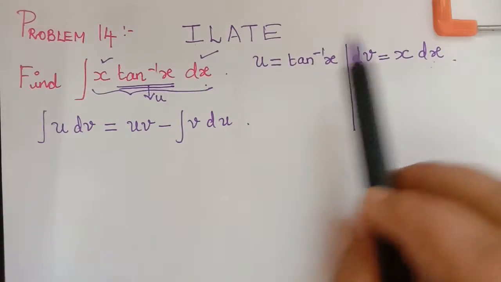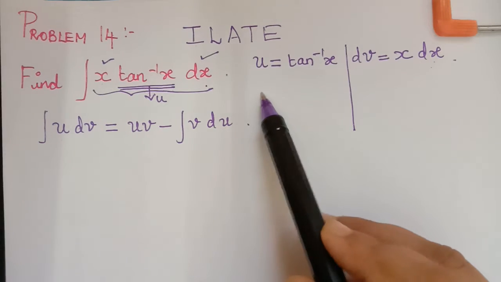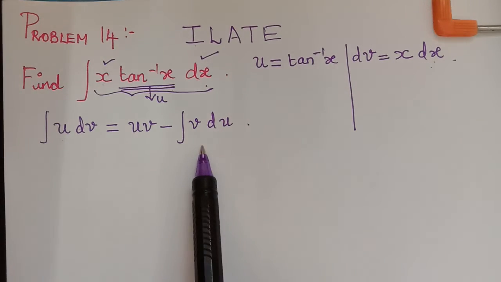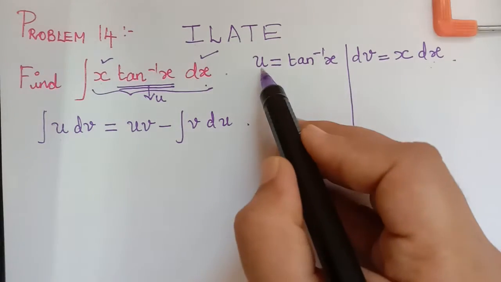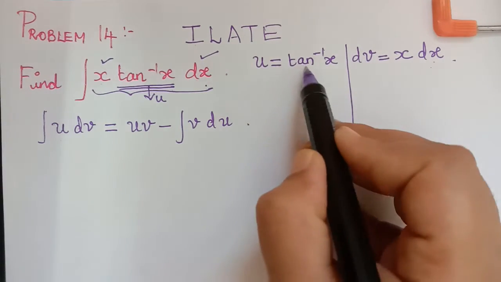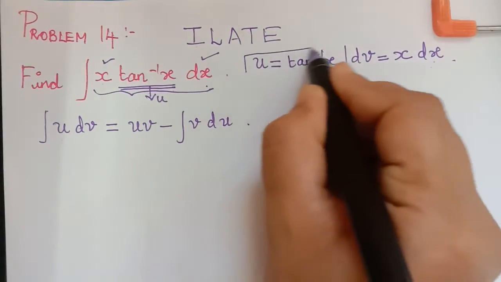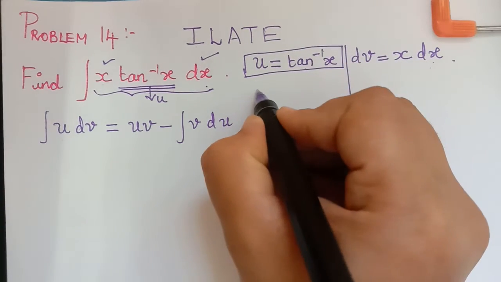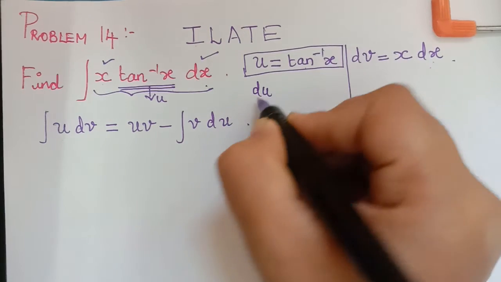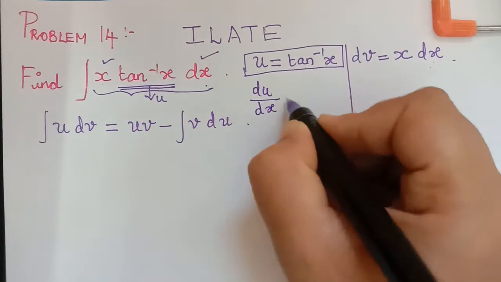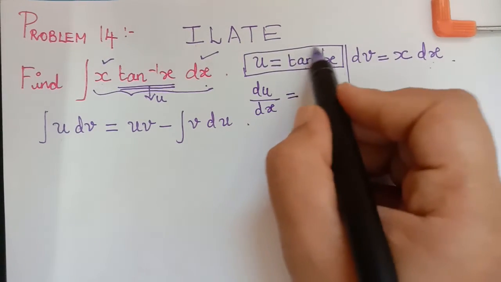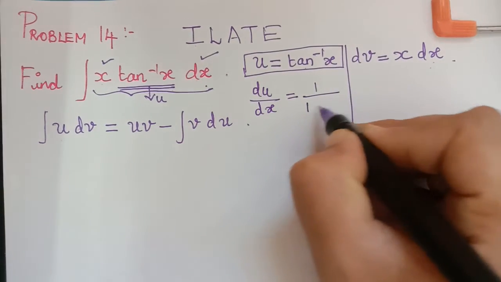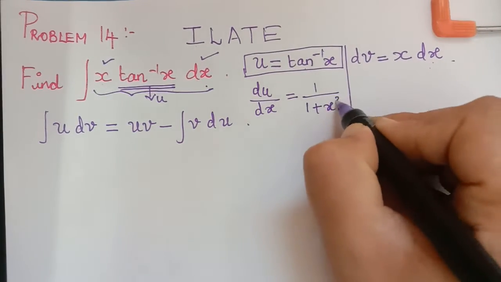So now we have to find du and v from these two in order to substitute in this formula. So first of all, u is given to be, we have taken it as tan inverse of x. So from this, if you differentiate u with respect to x, you get du by dx to be equal to, what is the differentiation of tan inverse of x? It is 1 by 1 plus x square.